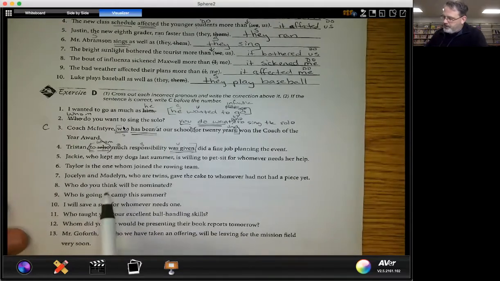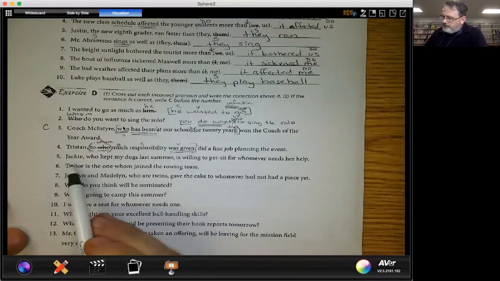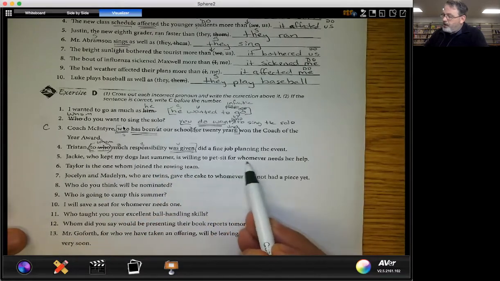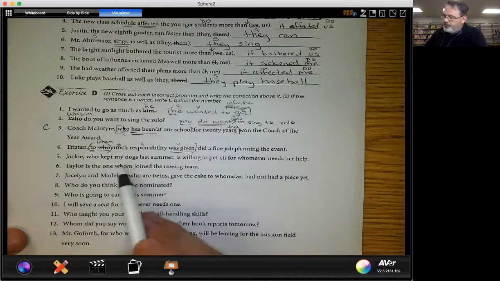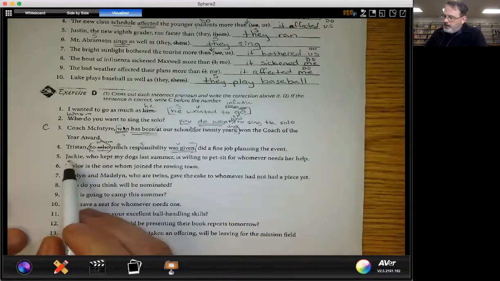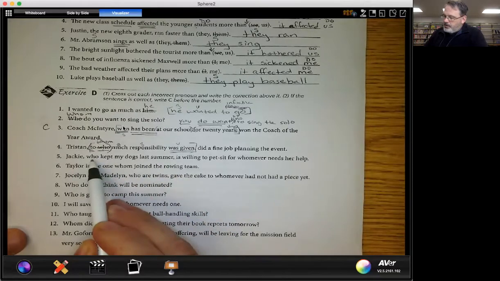I'll try not to write so much on the rest of these now. I'll just talk about them. Number 5, Jackie, who kept my dogs last summer, is willing to pet sit for whomever needs her help. Well, there's 2 of these. We've got who and whom. All right. Jackie, who kept my dogs last summer? Kept is the verb, so that must be the subject. Subjects are supposed to be nominative case.